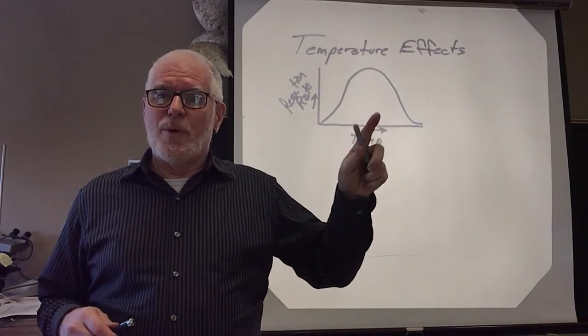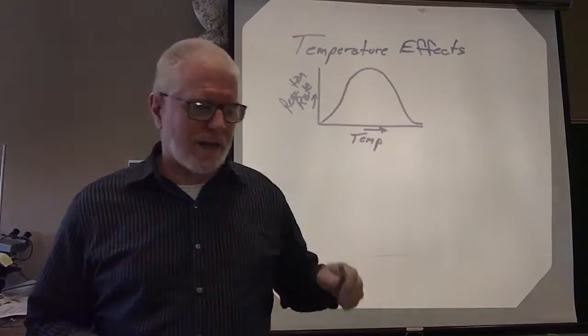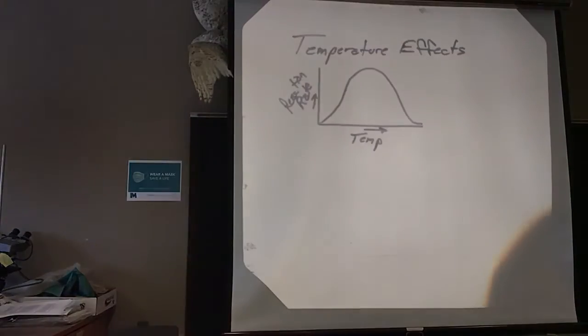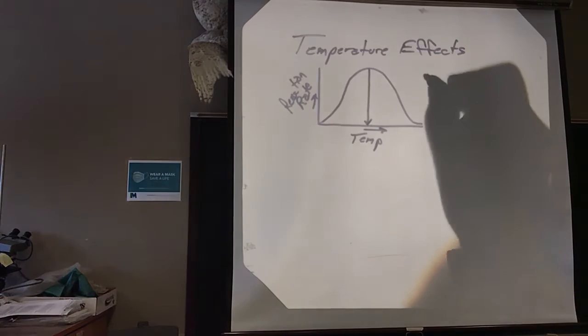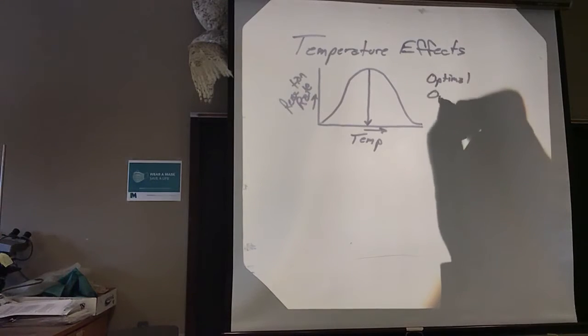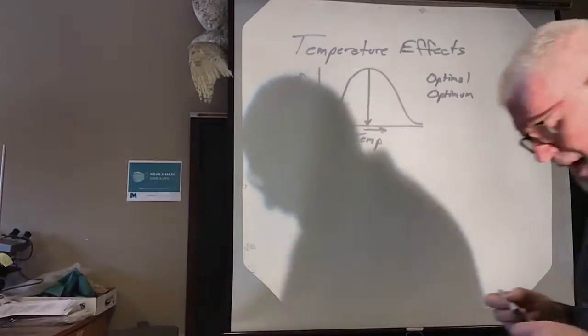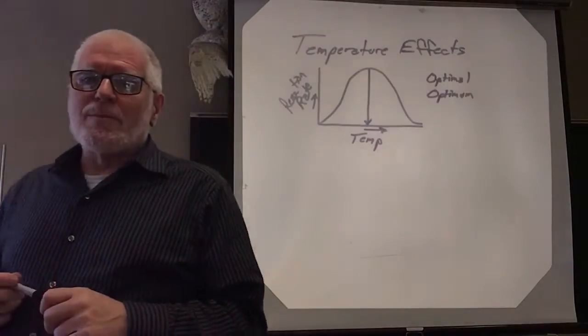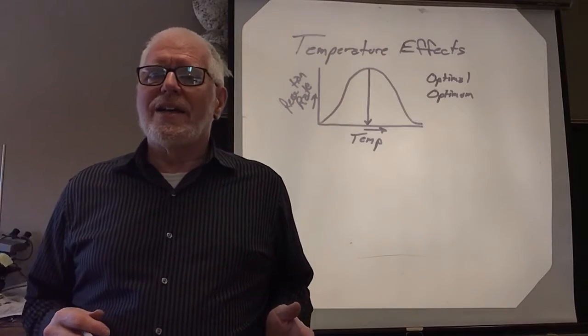There's a point on the temperature gauge where this is running as well as it can run. That is the optimal or the optimum temperature. Both terms are used, both terms apply.